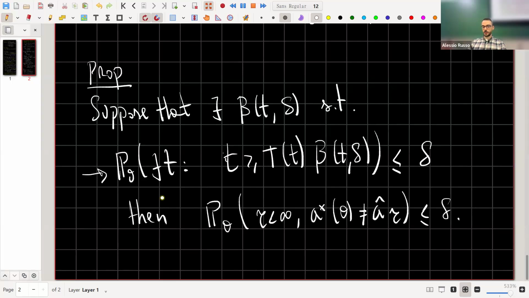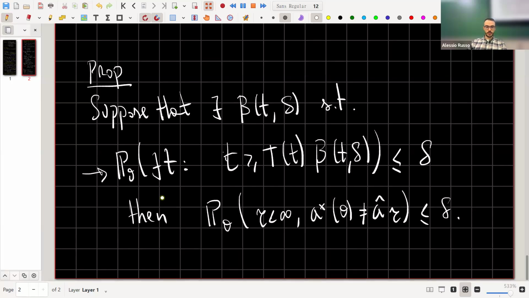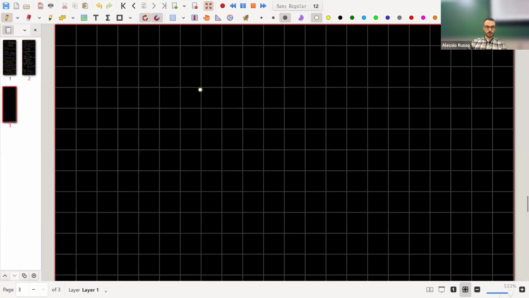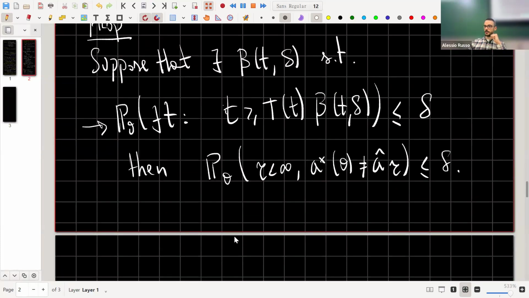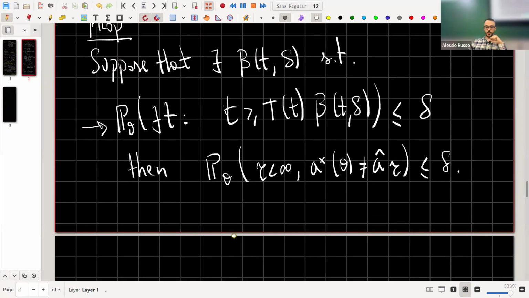After we prove this, we are going to show that this statement holds. So first I'm going to show this easy result, and then after we are going to move on with the martingale construction. I hope the main idea of the technique that we are going to use is clear.